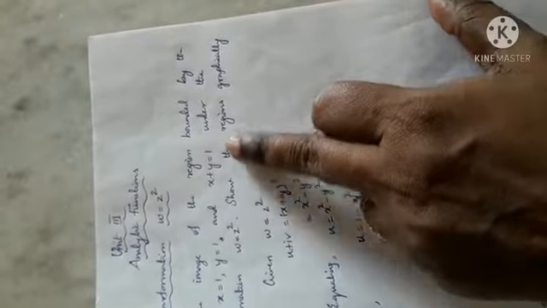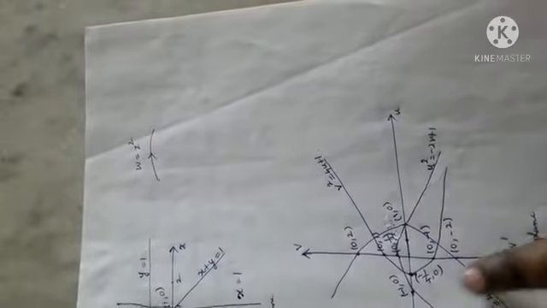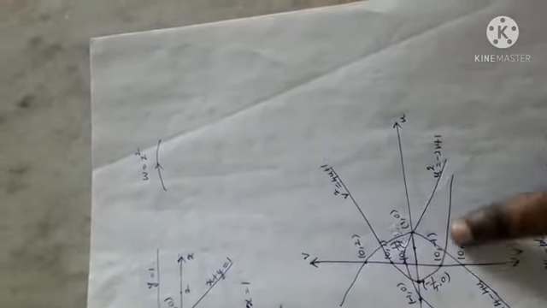If you see, we found the image of these 3 straight lines, where we found parabola. You mark the points, and if you join the points you will get a parabola, right?